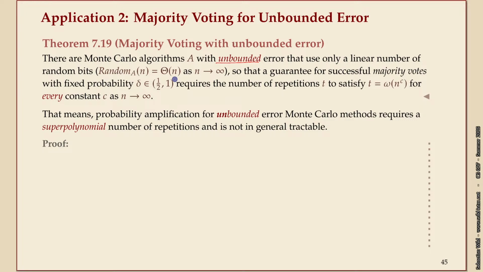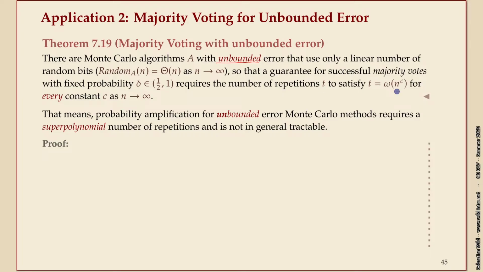And then we can guarantee that the majority vote, even to reach a certain fixed probability, we don't even aim for a high probability bound, requires already super polynomially many repetitions.